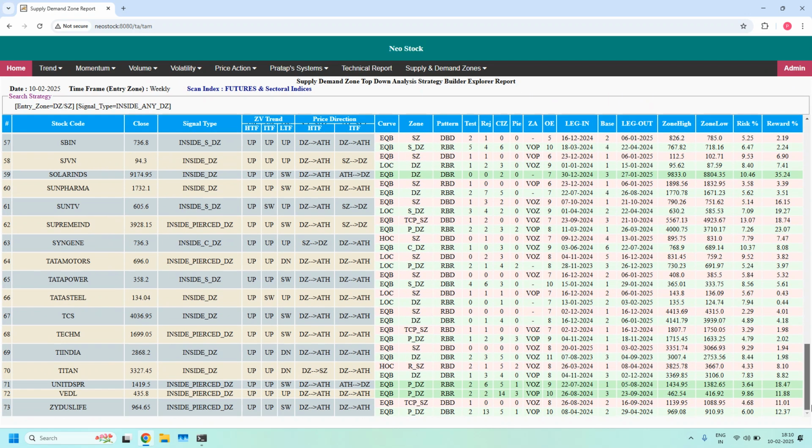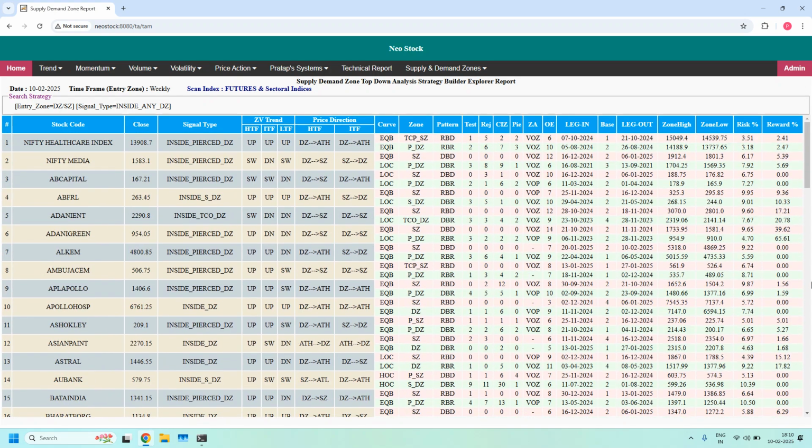We got 73 stocks. So first 15 stocks in the list. I'm scrolling the list down.